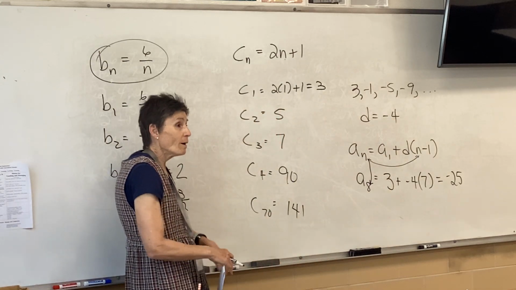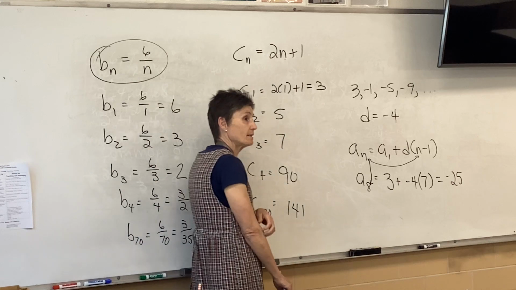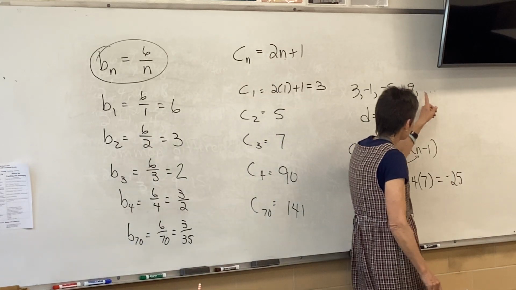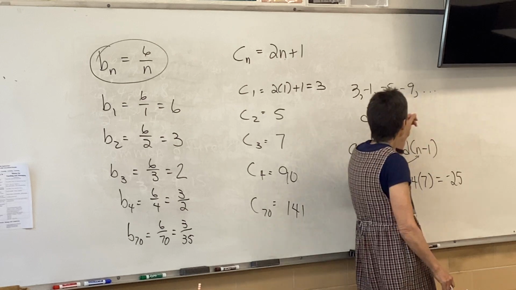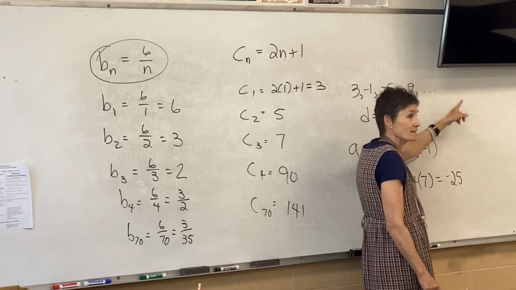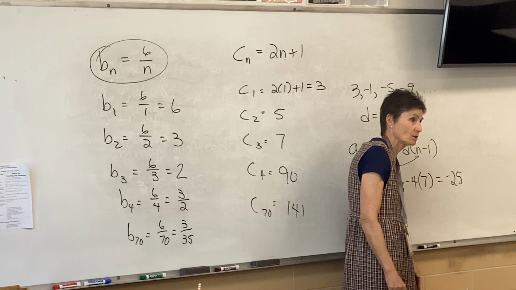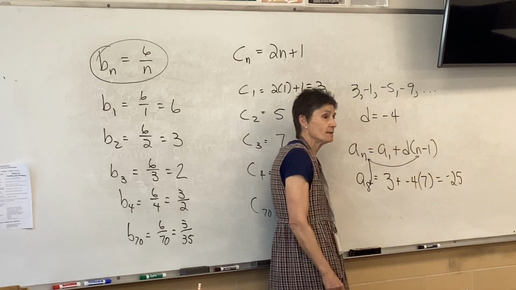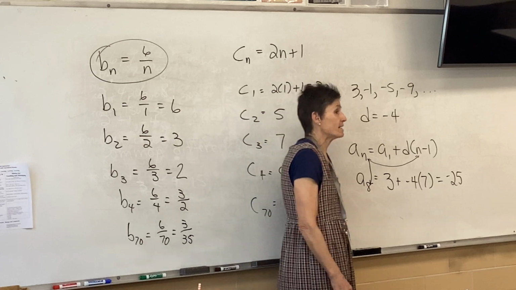Now, I always have kids ask, and you might be thinking this, Mrs. Ford, couldn't I find the 8th term by just keeping this sequence going, like -4, -4, -4, and the answer is 100% absolutely you can. The drawback to that strategy is, what if we wanted the 800th term?